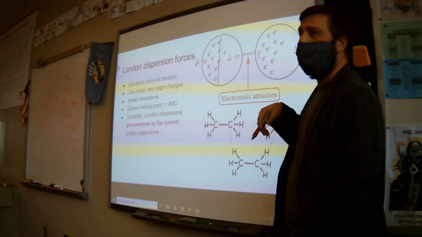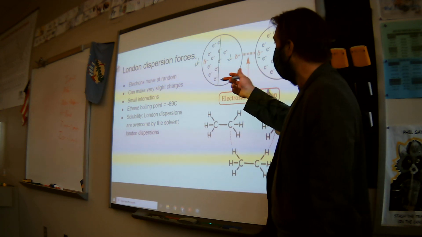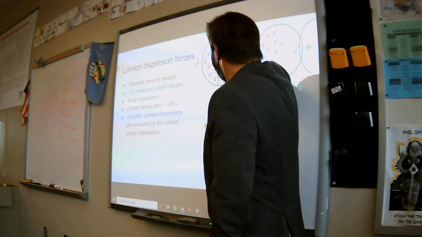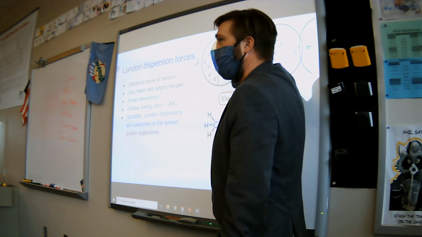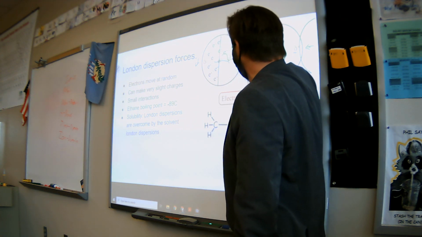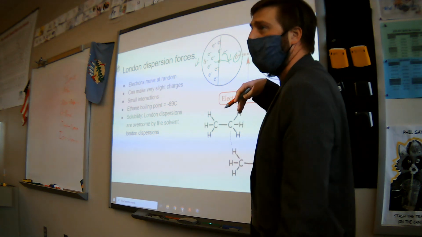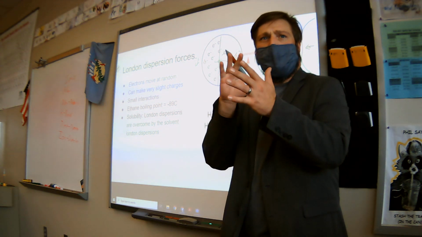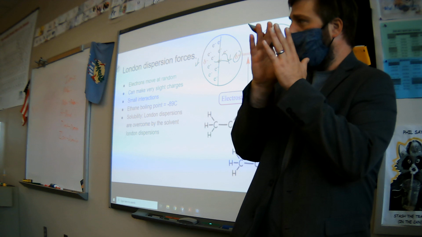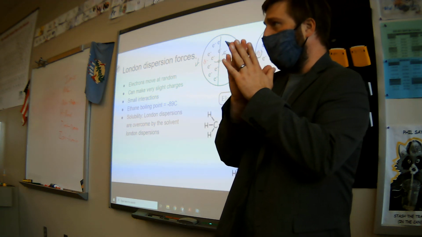You see how that works? But eventually, these electrons calm down, or they start heading back to the other side. This charge disappears, which makes this charge disappear, and so on and so forth. It's just these tiny little charges that keep the atoms close together. Okay?